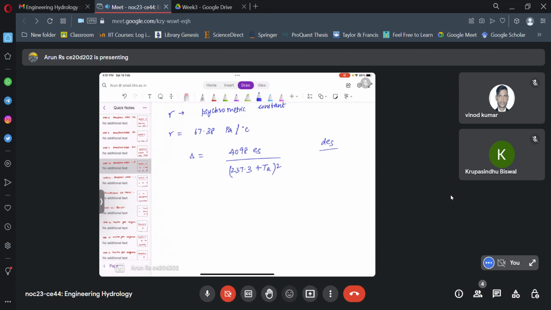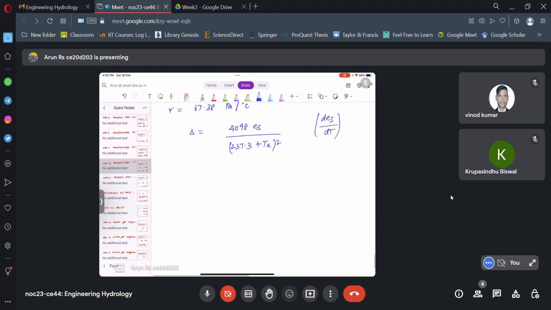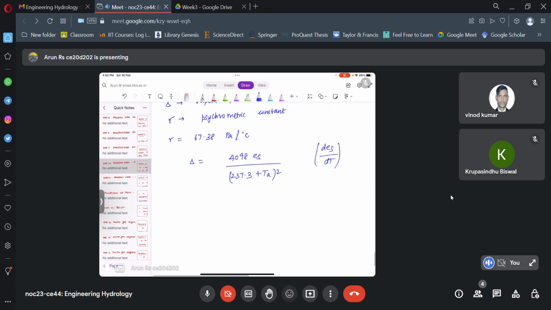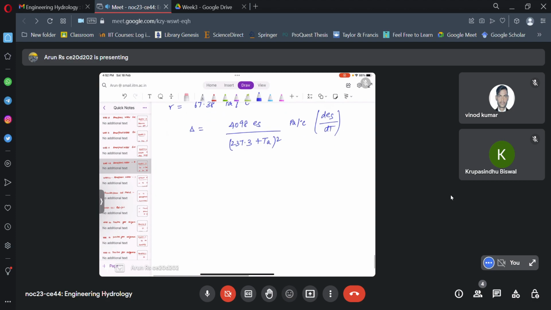That's it. So if you do that, you will end up in this expression. So the unit of this is also Pascal per degree centigrade.